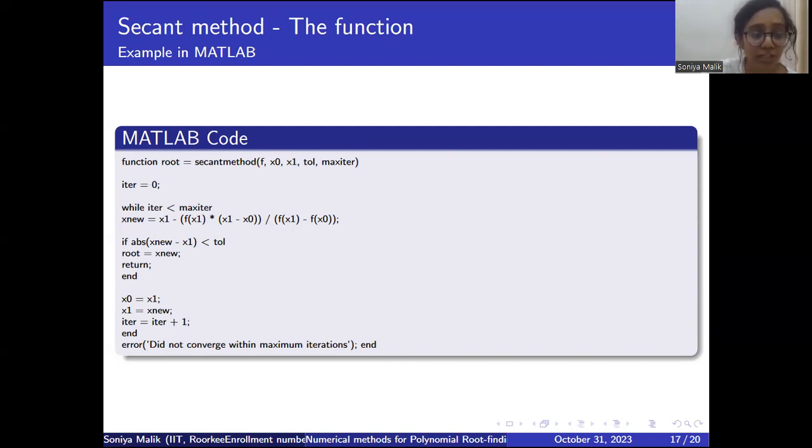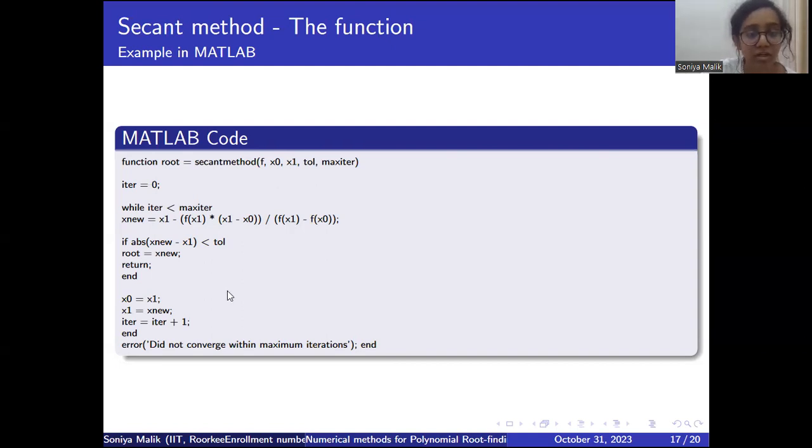If the difference between x_mu and x1 is less than tolerance, then the root will be x_mu. Else we will change x0 to x1 and x1 to x_mu and increase the iteration by 1, and the loop continues until we reach the maximum iteration.